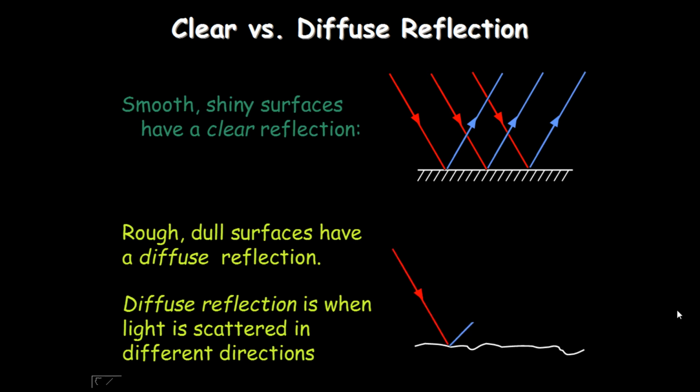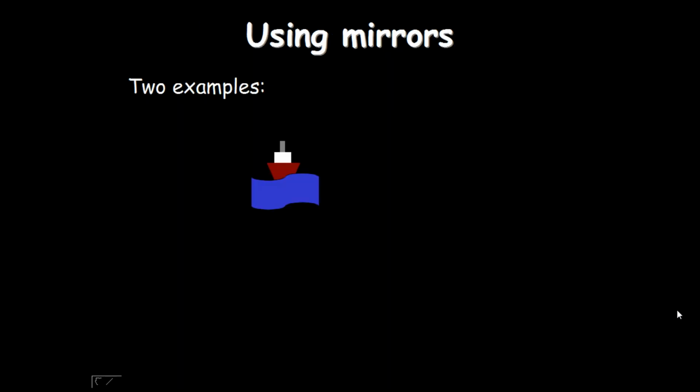This ray strikes here and goes in one direction, and the other ray strikes and travels in another direction. So even though the incident rays are parallel, the reflected rays are non-parallel. This is known as diffused reflection, because the reflected rays are diffusing in all directions.